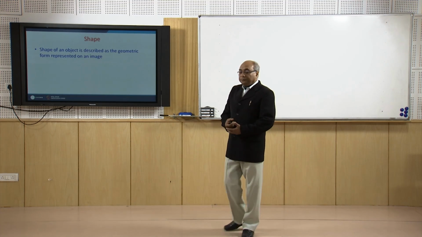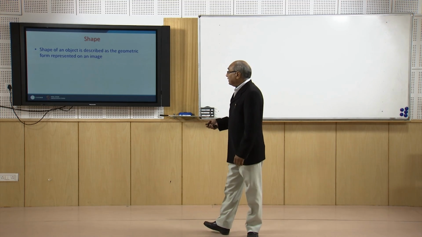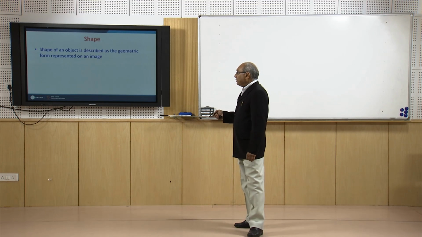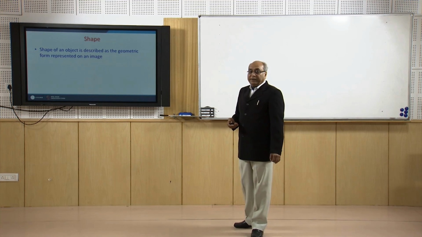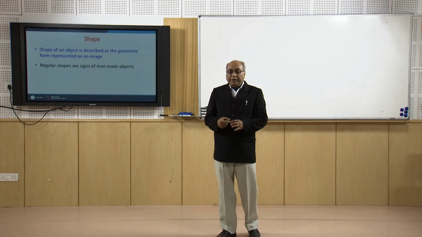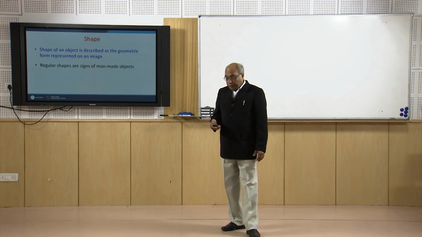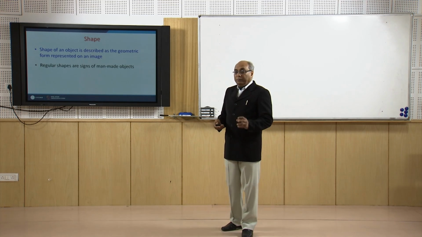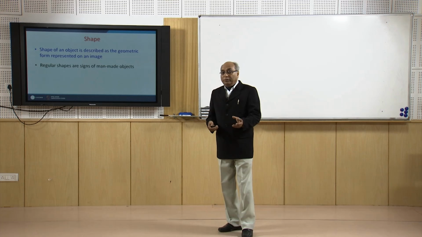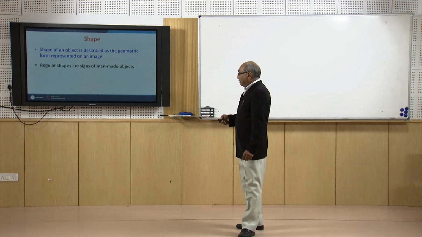The third one in this series of keys of image interpretation is the shape. The shape of an object is described as the geometric form represented on an image. Again, shape may appear a little different depending on the spatial resolution. So before making an interpretation, one must know the spatial resolution of the image on which the interpretation is being made, especially on digital images.